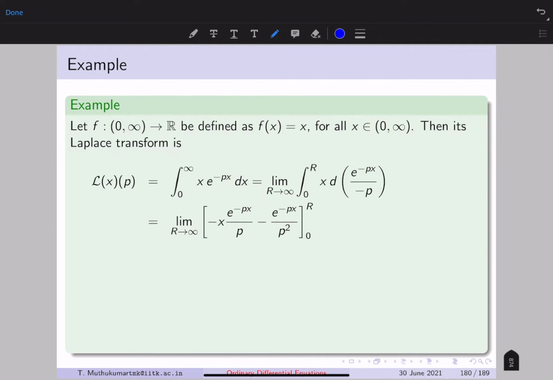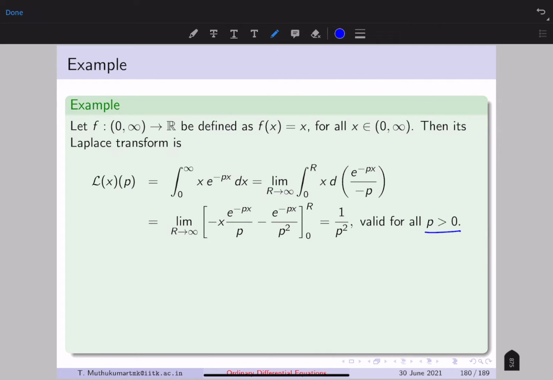Now you do the same as we did in the previous example. When you apply r, you will see that again, for all positive p, when you put x equal to r, that term will go to 0. As r goes to infinity, the numerator goes to 0, so it will vanish.